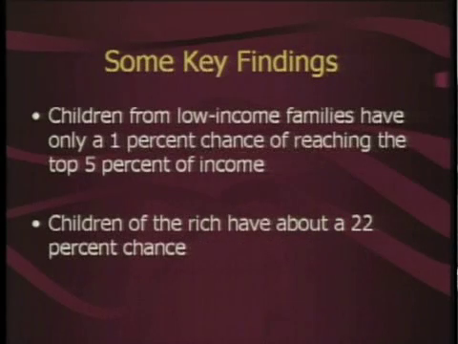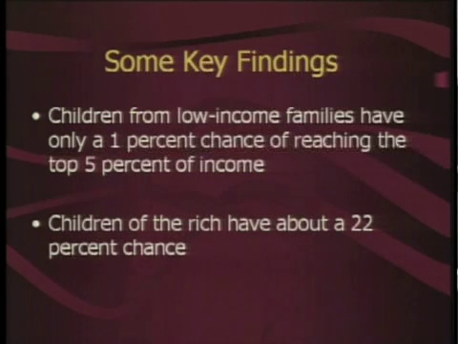Here are some key findings. What the author found, this is really important. Children from low-income families have only a 1% chance of reaching the top 5% of income. Think about that for a second. Children born into poverty have only a 1% chance of attaining the top 5% of income.